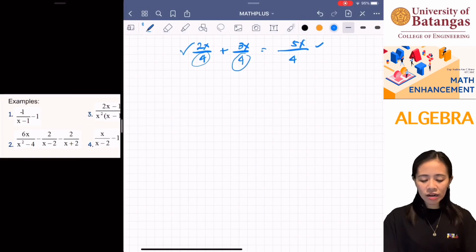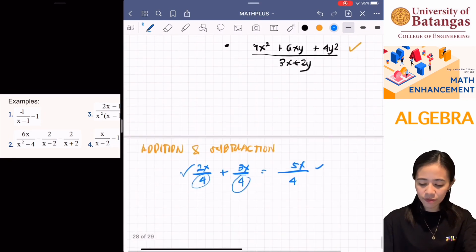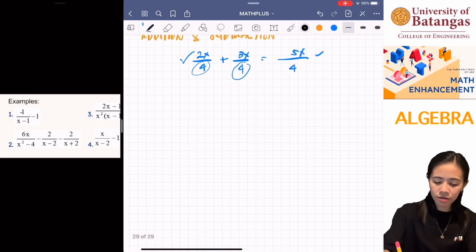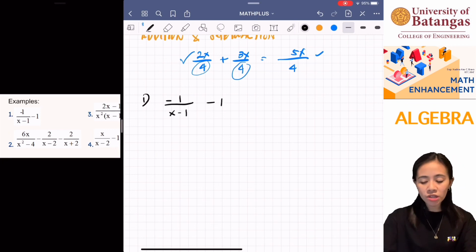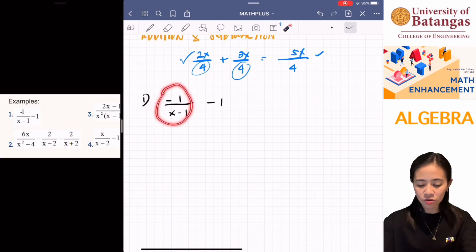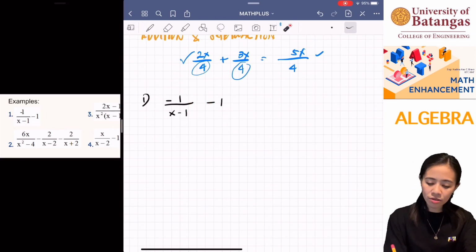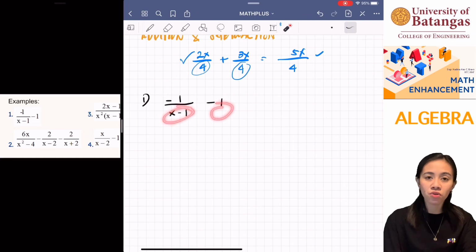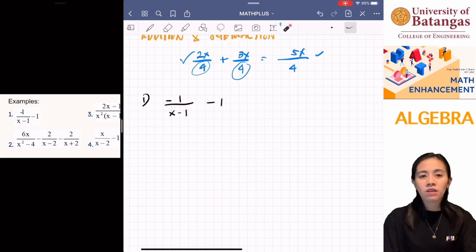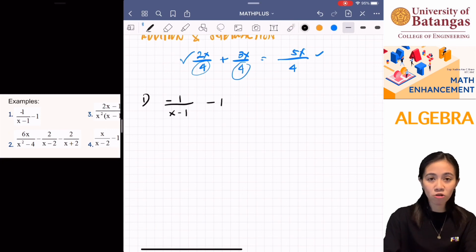Okay, let's start with number 1. Number 1 given is you have negative 1 all over x minus 1 minus 1. So, obviously, you have two terms here. Pero, magkaiba sila ng denominator. Ito ang denominator niya, although it's not written, it's positive 1. So, if their denominators are different, then we take their least common denominator.